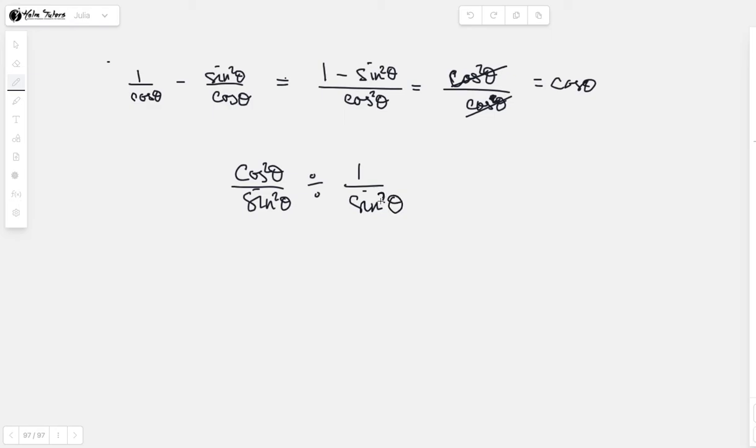Keep, flip, change: cosine squared over sine squared times sine squared theta over 1. These cancel, and you're left with cosine squared.